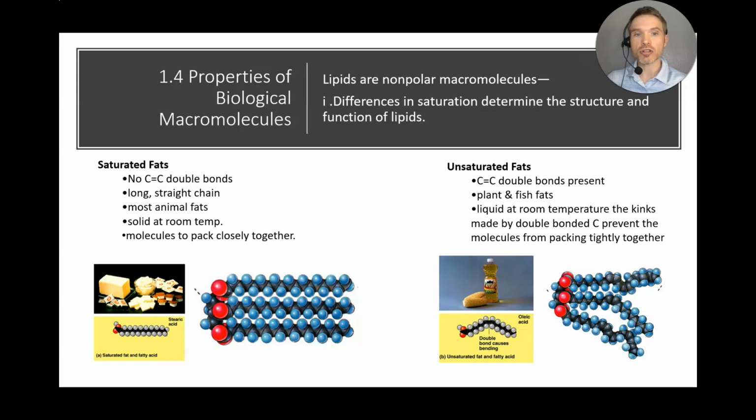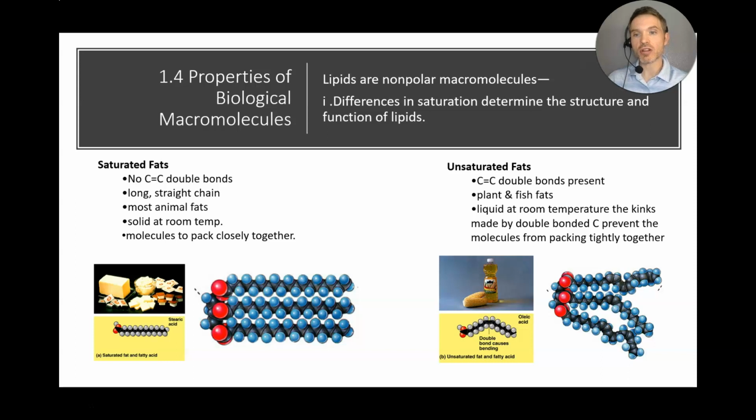That's in sharp contrast to the other type of fat that we call an unsaturated fat. An unsaturated fat is any fat that contains at least one double bond in the carbon-carbon backbone. These unsaturated fats are commonly found in plants and fish. These oils are a liquid at room temperature.